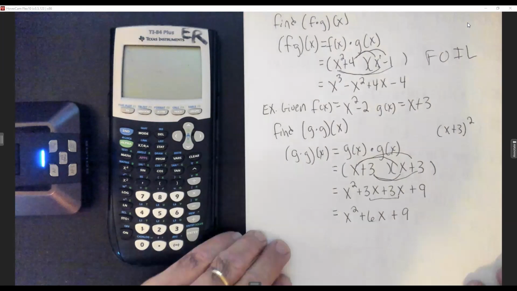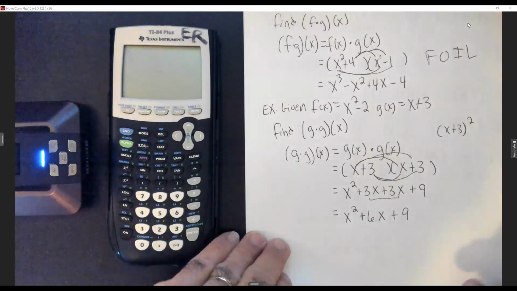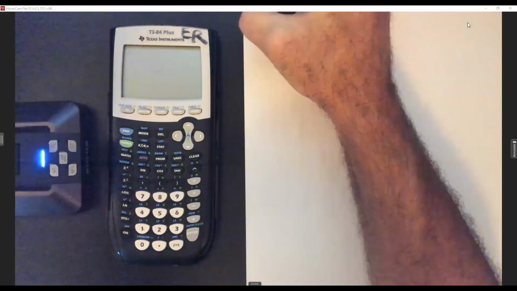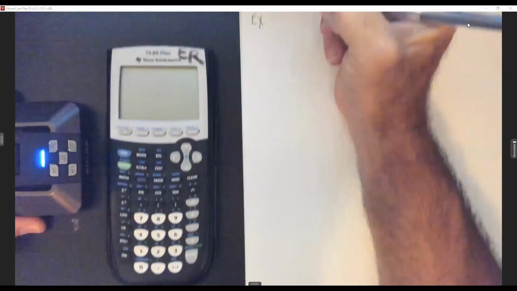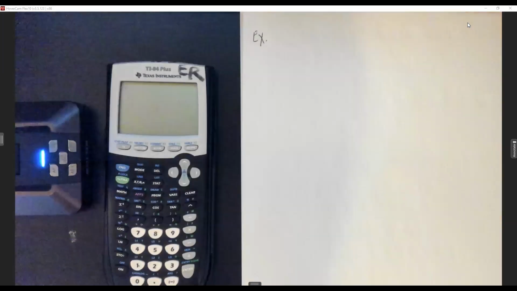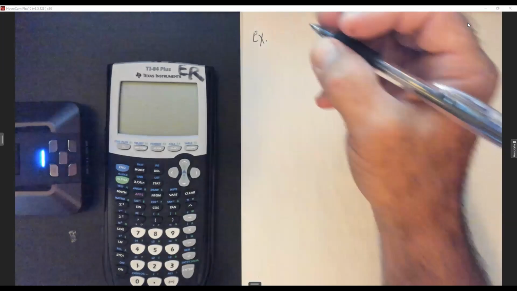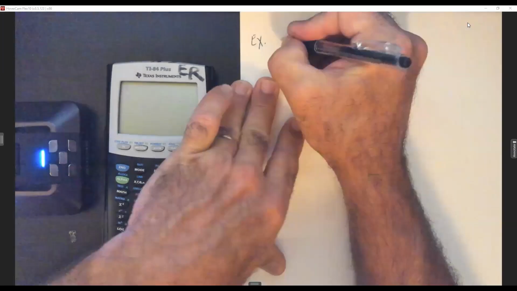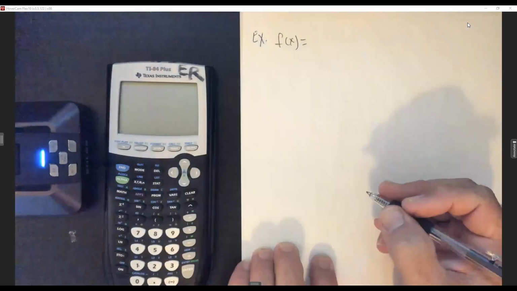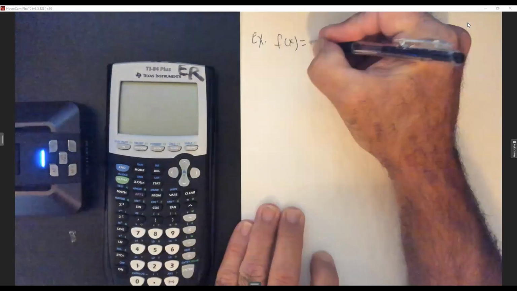All right, y'all. So the next one, they're going to start throwing some numbers. So this one, they're saying let f of x equal negative 16x plus 4.